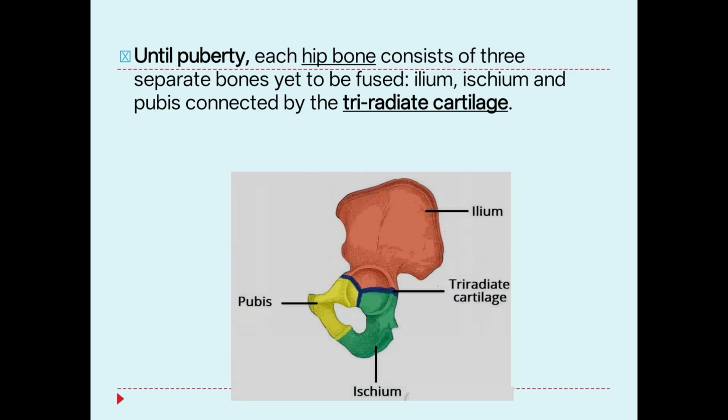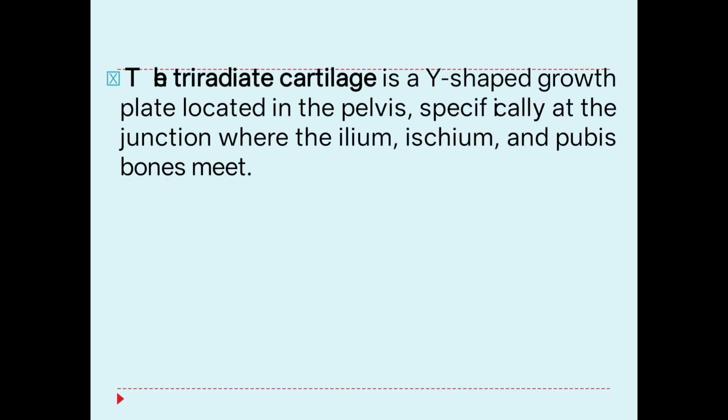Until puberty, each hip bone, which means innominate bone, consists of three separate bones yet to be fused: ilium, ischium, and pubis, which are connected by the triradiate cartilage. This is the triradiate cartilage.